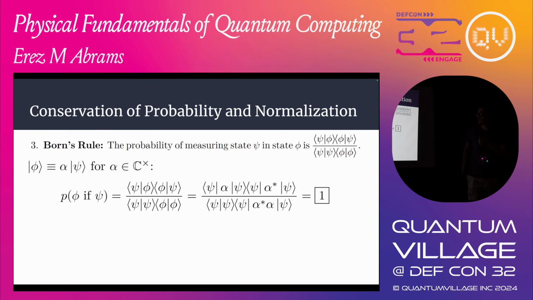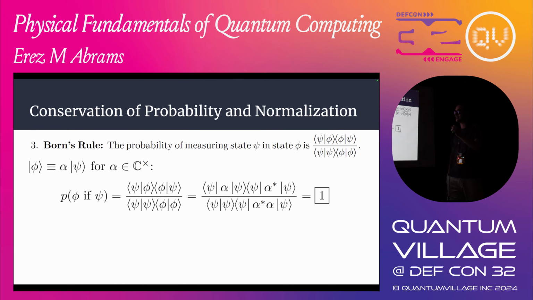Okay. So let's look at a state phi, which we're going to define to be alpha times psi, for some alpha that's non-zero in the complex numbers. The probability of measuring our state psi to be in the state phi is given by Born's rule, and we can just expand that out to get 1.